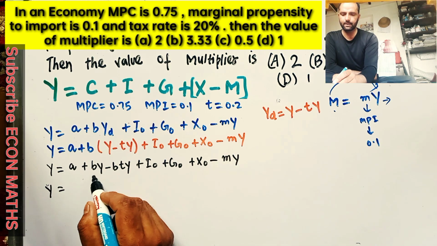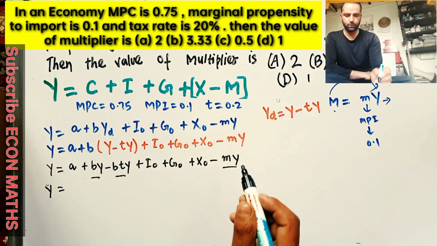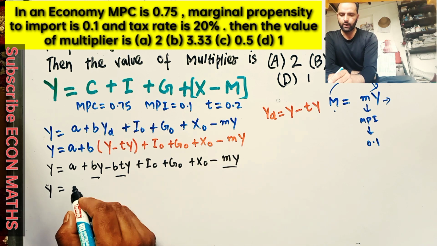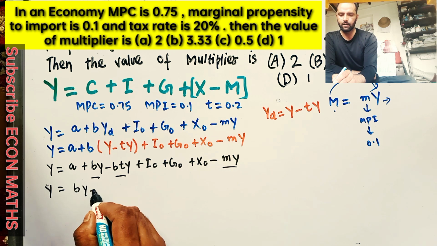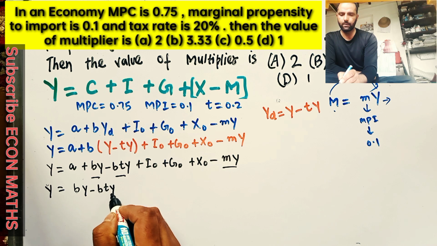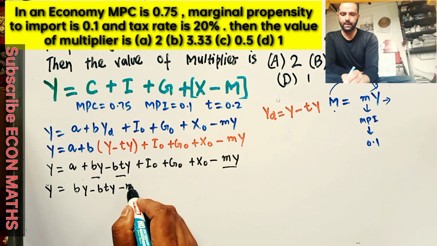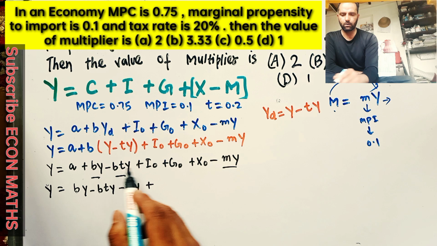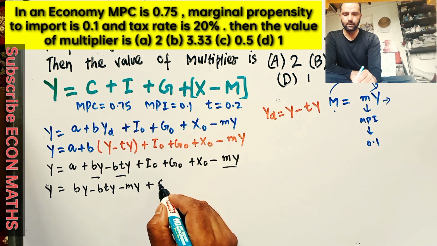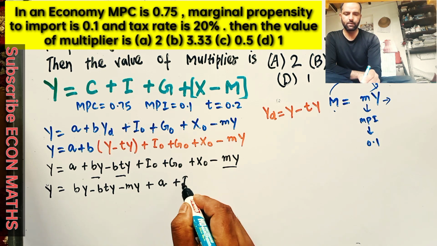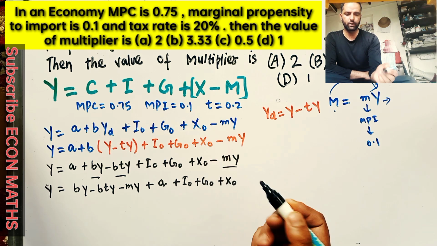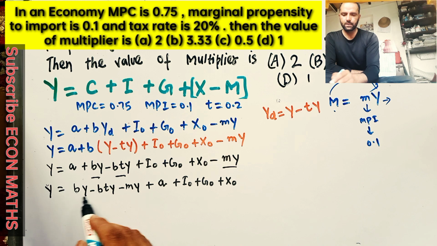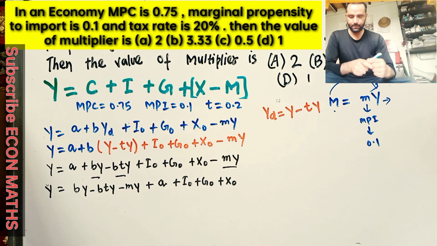Let's write these terms on the same side. We have by minus bty minus my, and then the autonomous terms, a plus I naught plus G naught plus X naught. Let's transpose these terms to the LHS.